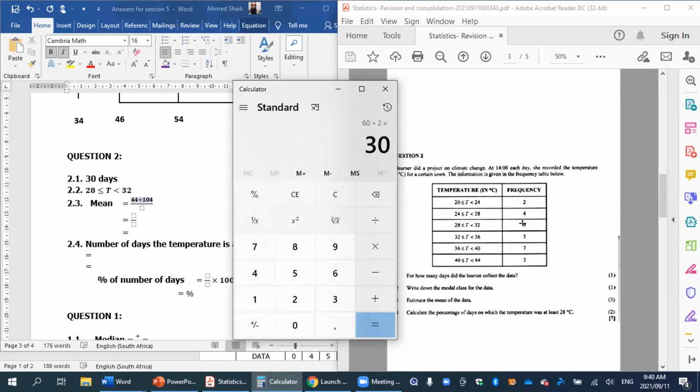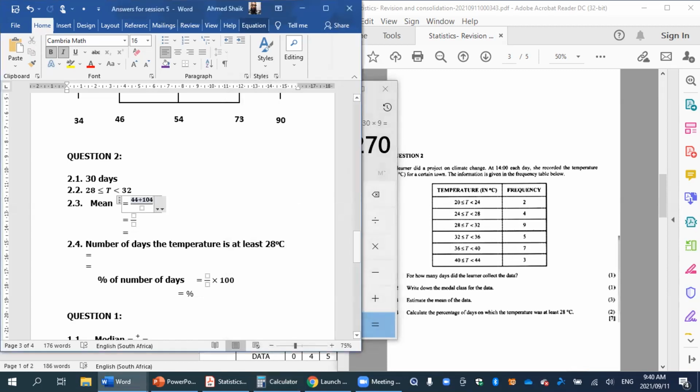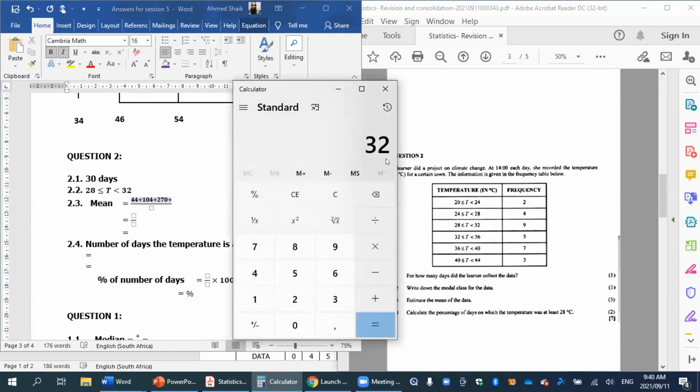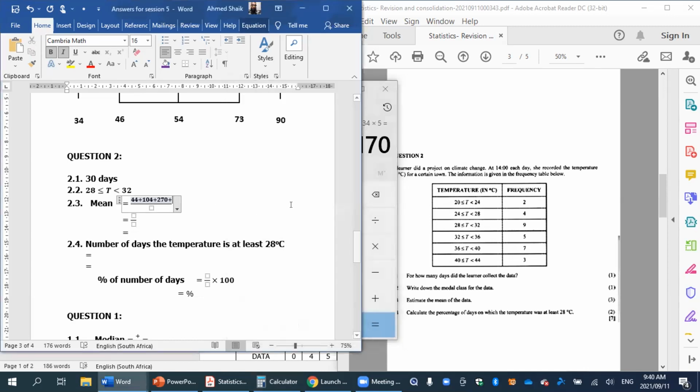And we can see the frequency for that was 9. So we're going to multiply 30 by 9, and that gives us a total of 270. We're looking at our fourth interval. So we've got 32 plus 36 divided by 2, and that gives us 34, and we have a frequency of 5, so we say 34 times 5, and that gives us 170.